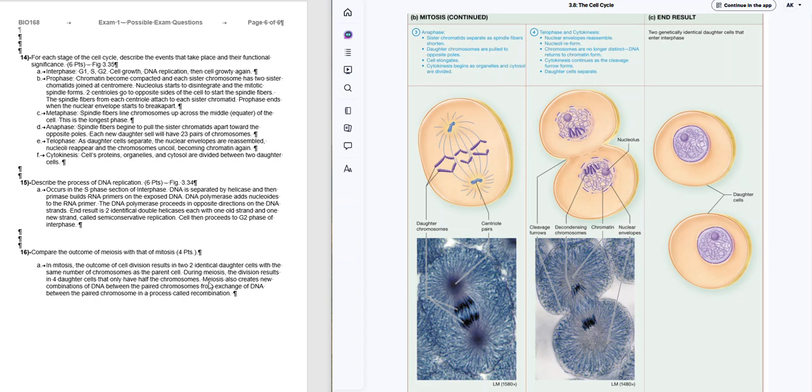Whereas meiosis results in 4 daughter cells with only half the chromosomes, so they're haploid. You also have genetic recombination during prophase 1 and separation of the homologs in metaphase 1, and so they are genetically unique also. So those are the differences between mitosis and meiosis.